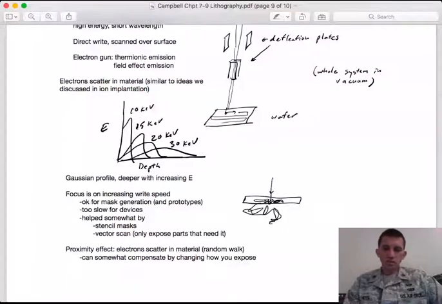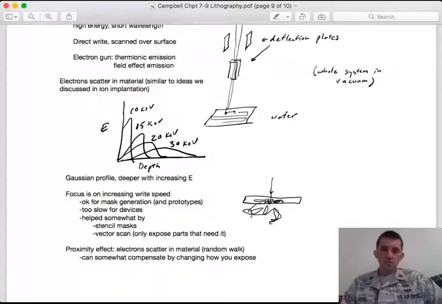As these electrons go into the surface, they take a random walk. Every time they have a collision, they change direction. And over many collisions, they can end up far away from the impact site, say off to the side or into the material. At any rate, you have this probabilistic Gaussian distribution both in depth and in horizontal extent in the surface of the wafer.